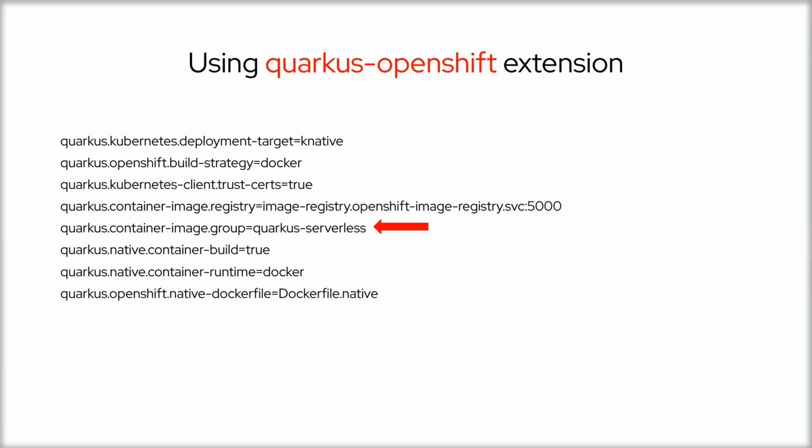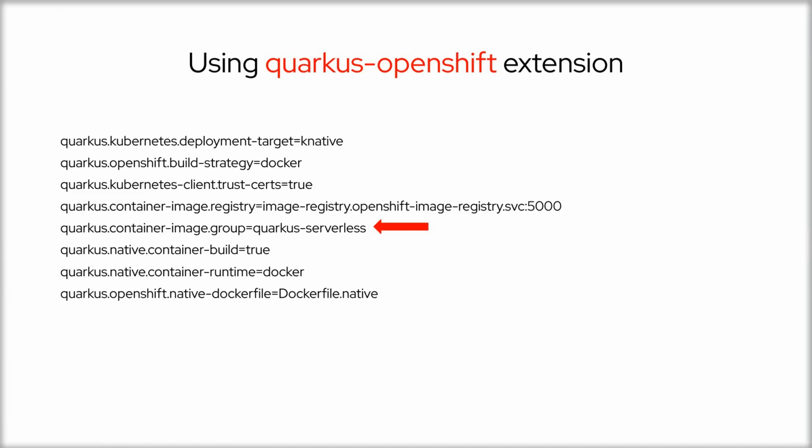Then, by default, Quarkus assumes the project name from which the container image should be pulled to be the same as the username of the host system from where the deployment is triggered. So to specify the right project in which the image stream will be available, we need to set this property, Quarkus container image group, to point to the right project name where the container image stream is going to be available.